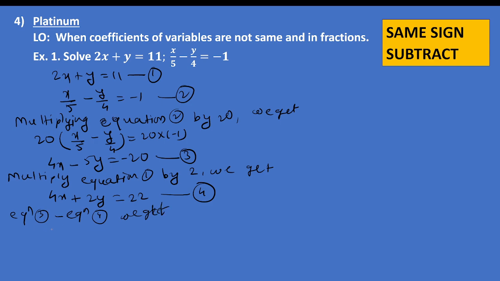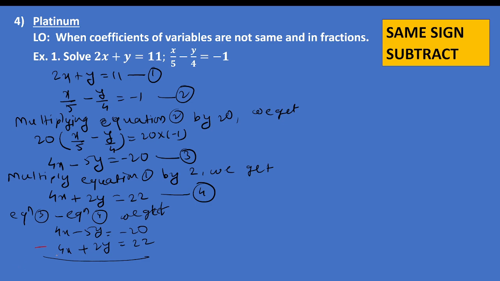4x minus 5y equals minus 20, and 4x plus 2y equals plus 22. Now we are using the minus sign, because the x terms are like terms, and we have learned that whenever we have like terms we use the subtract sign.